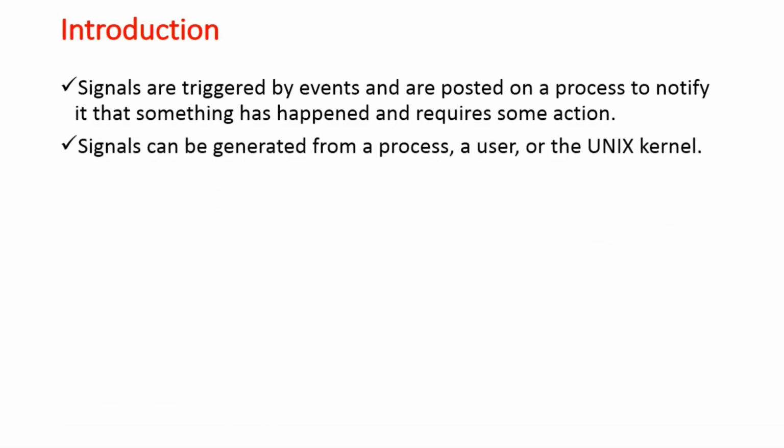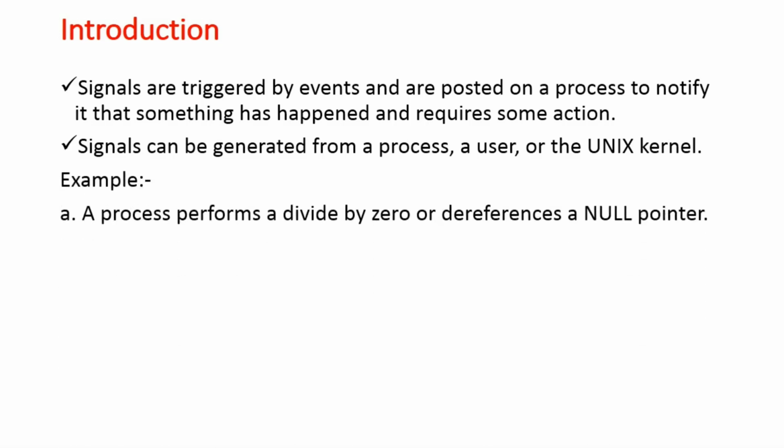Signals can be generated from a process, a user, or the Unix kernel. So here there are three ways to generate signals. First, generated by a process itself, or by a user, or by the Unix kernel. For example, a process performs a divide by 0 or dereferences a null pointer, then a signal will be generated and sent to the process.